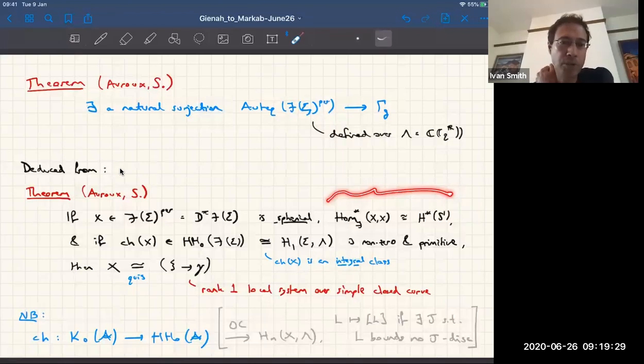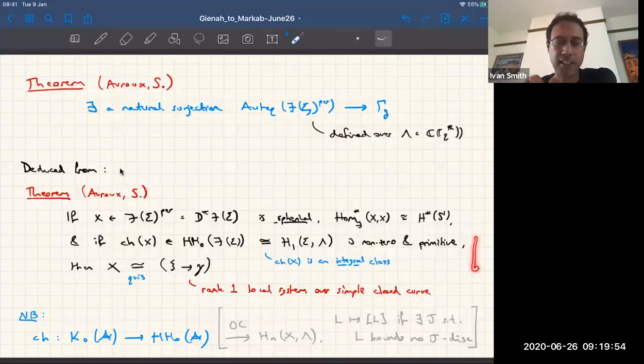And let's suppose that the Chern character of X is a non-zero primitive class. So this Chern character, at least after composing with the open-closed map, lives in H1 of the surface, at first naturally with lambda coefficients, but it's a lemma that I'm suppressing that it actually is an integral class.